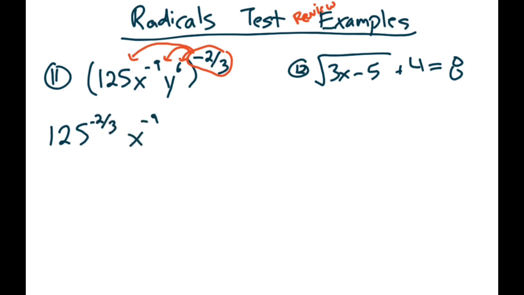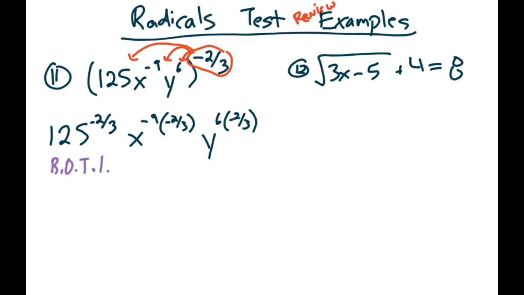x to the negative 9 times negative 2/3, y to the 6 times negative 2/3. And then we're going to simplify. So let's just go in order. 125 to the negative 2/3, we're going to bow tie.